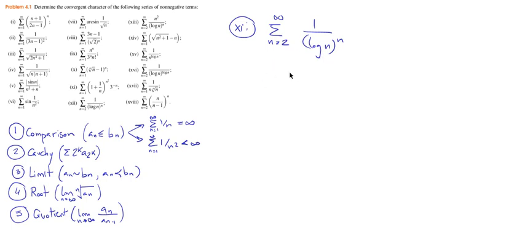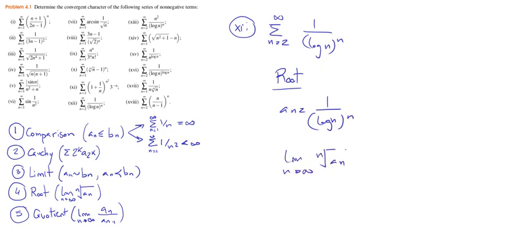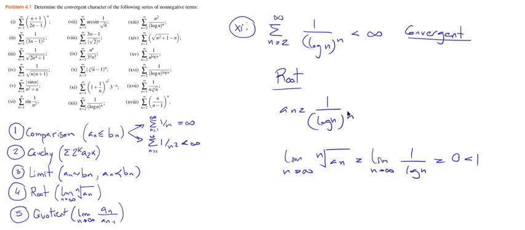Now again, we could use Cauchy's condensation test here, but I'm going to use the root test as well, because a sub n is 1 over the logarithm of n to the n. So the limit when n goes to infinity of the nth root of a sub n is the limit of 1 over the logarithm of n. But the limit of the logarithm of n when n goes to infinity is infinity, so 1 over infinity is 0. This is smaller than 1, so the root test tells us that this series is convergent.